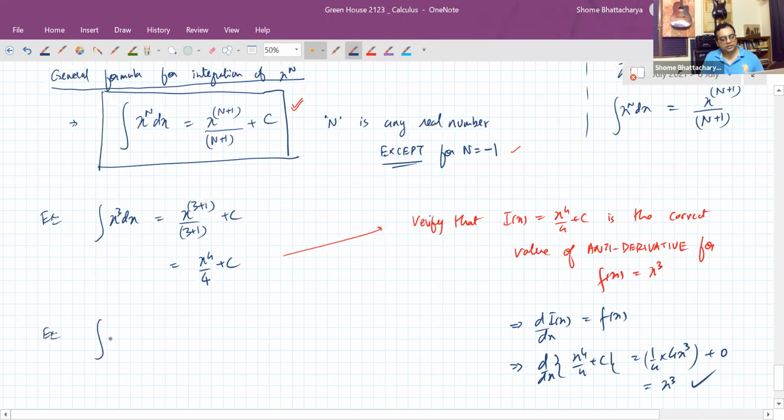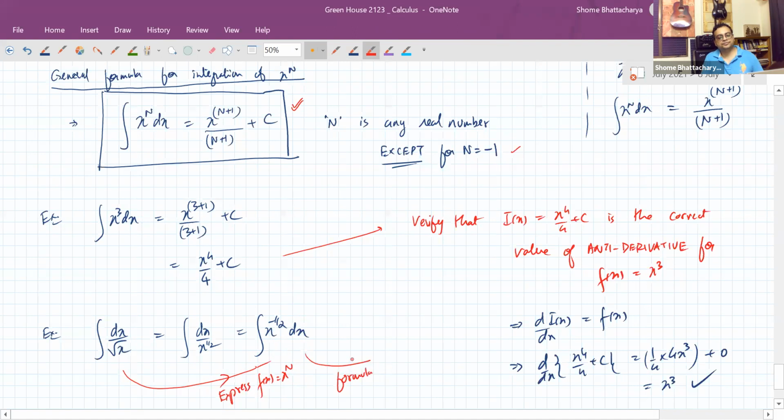So suppose I have integration of 1 by root x. So this will have to be written as integration of 1 upon x to the power half, and then we'll bring this to the numerator. Now we can apply this formula because we've written it in the type x to the power n. So basically, first we have to express the function fx as x to the power n. Then we will apply the formula.